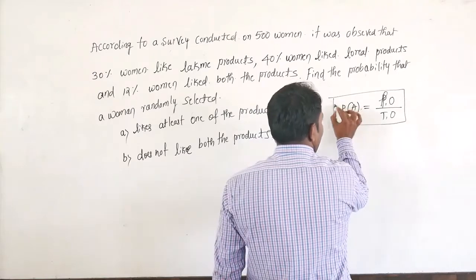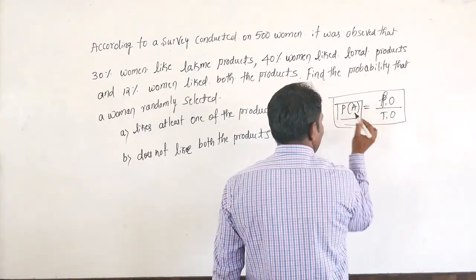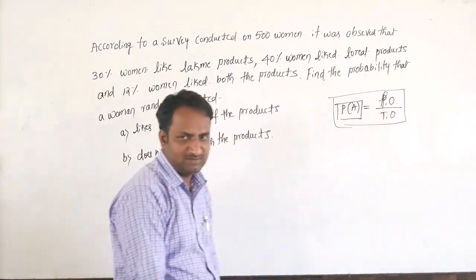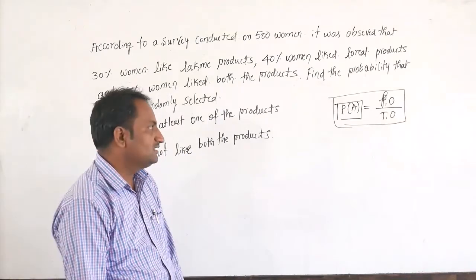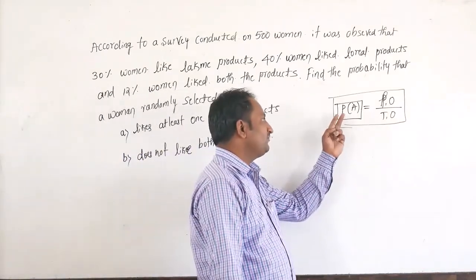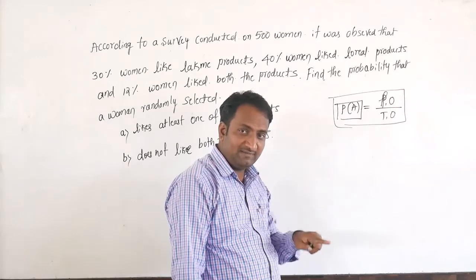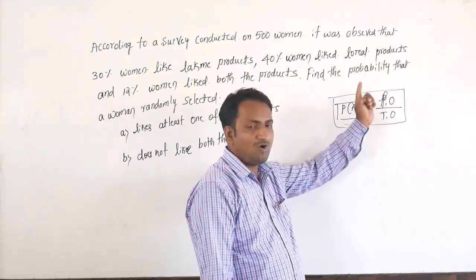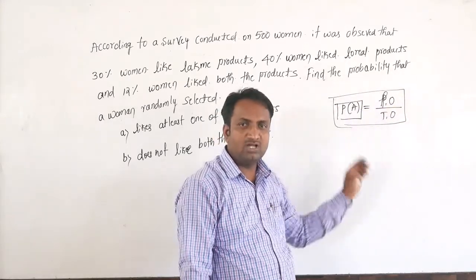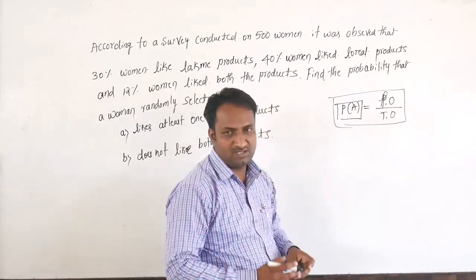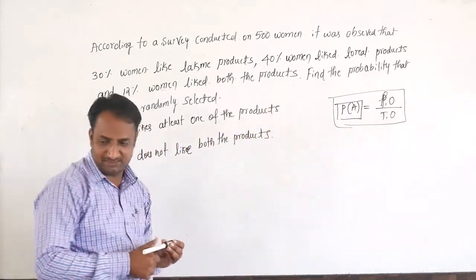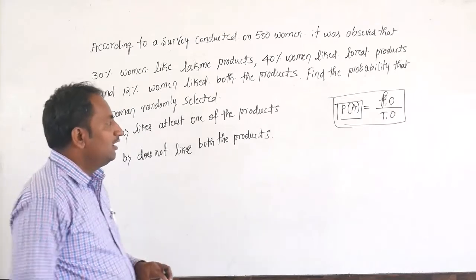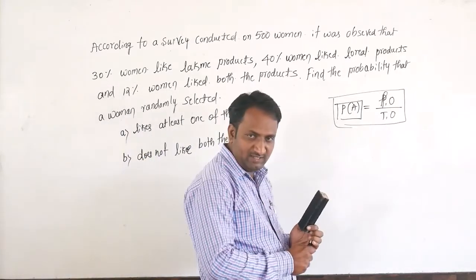Probability of an event is a subset of sample space. In that way, probability of an event is the ratio of favorable outcomes to the total possible outcomes belonging to that random experiment.